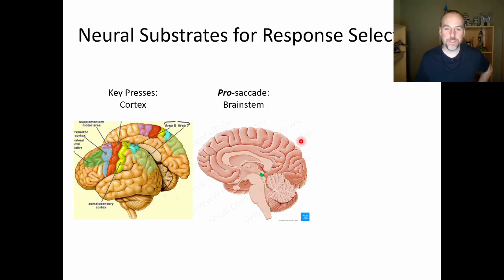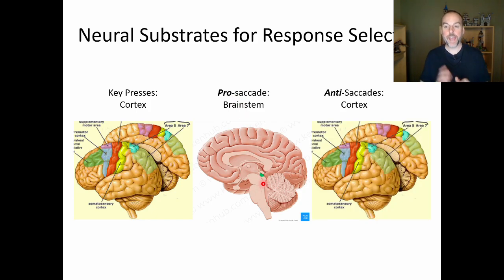The interesting thing is prosaccades, light turns on, look at it, that uses superior colliculus. Anti-saccades, they're complicated enough that the brainstem doesn't know what to do in that situation. The brainstem is a very simple, very fast structure. It can only handle the most reflexive, obvious sorts of behavior.